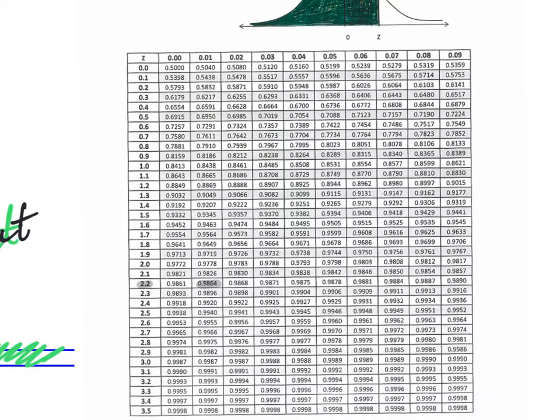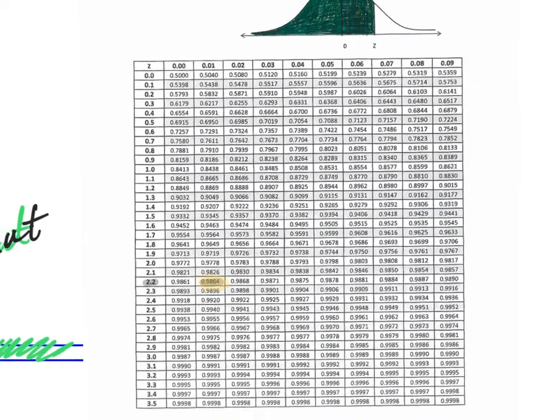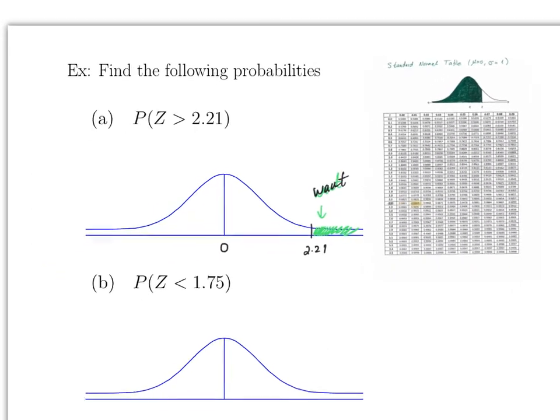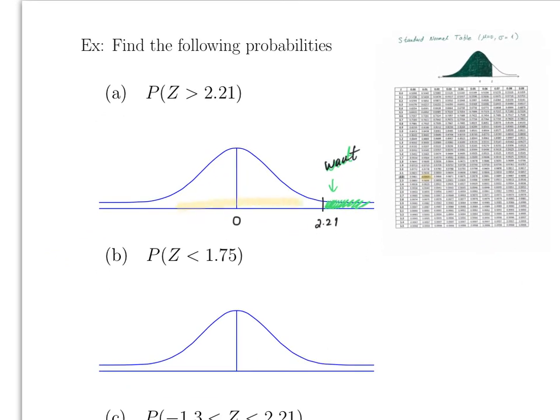So this is 2.21, which is 98.64. Remember that that represents the yellow area. So this part right here is 0.9864. But the value you want is the green area, not the yellow area.